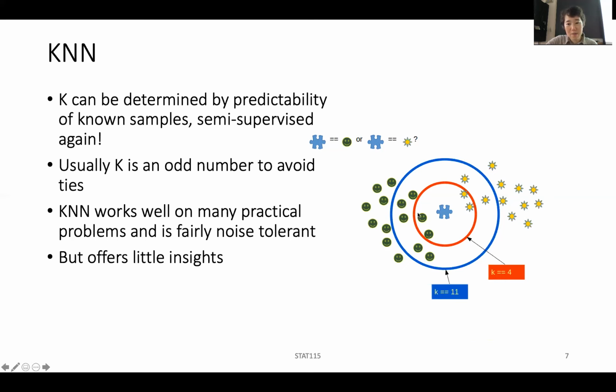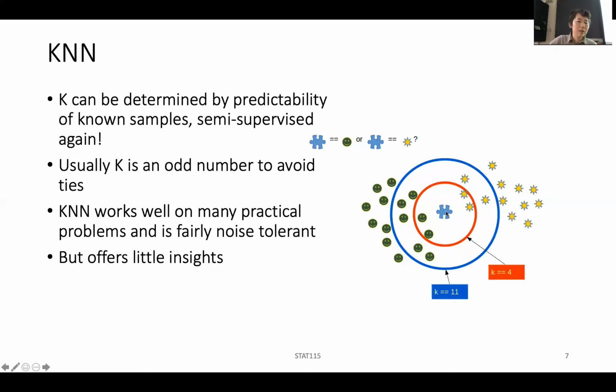But you can imagine, if you have to use the existing samples to decide whether K should be 3, 5, or 7 that gives you the best prediction, it is again semi-supervised, right? Because you are looking at the existing samples to help you determine how to select this parameter in order to predict this new sample, whether it's disease or normal.